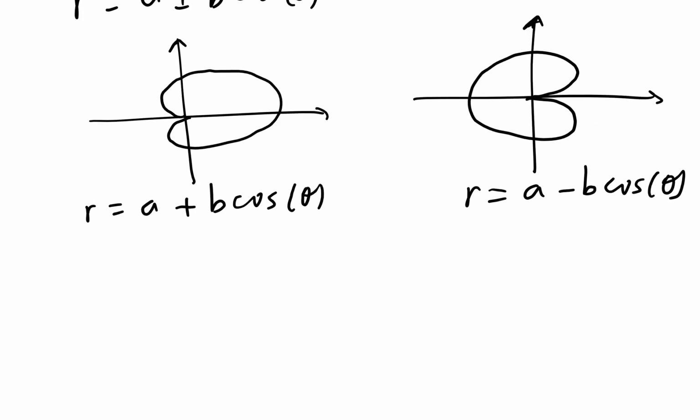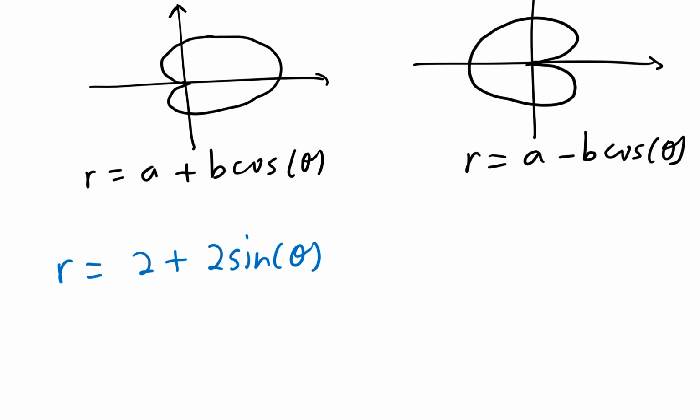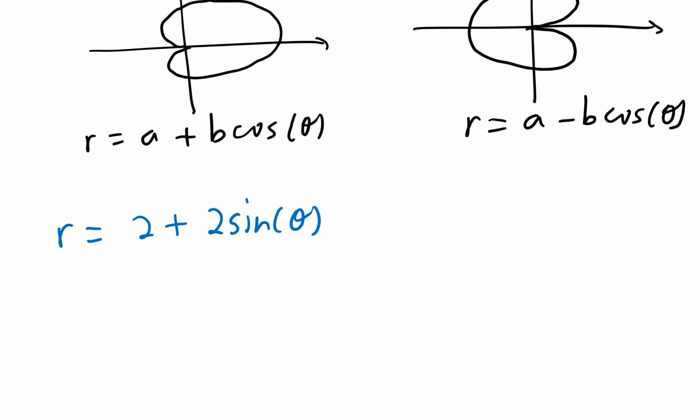Now, let's say I want to talk about r equals 2 plus 2 sine theta. Okay, so we know it's a cardioid because a and b are the same. We know it's positive and sine, so it's going to be in the upper half plane. So when we graph this, we know it's going to go like this.